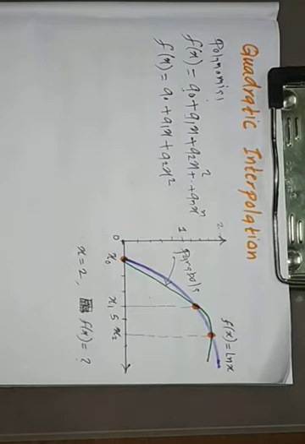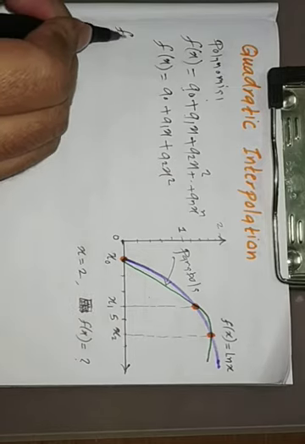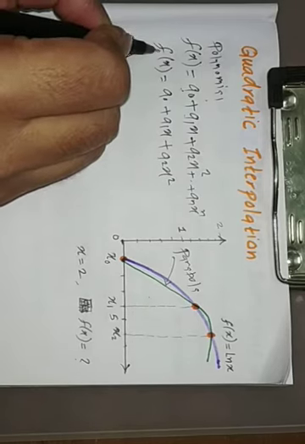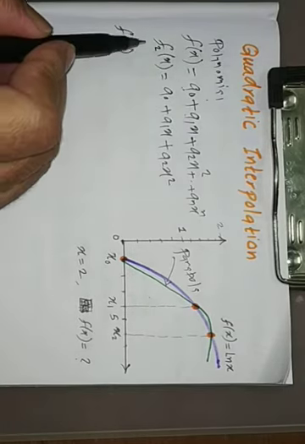Now we will write this equation with slight modification, that is f of x. Now this is f2 of x. Why it is f2 of x?